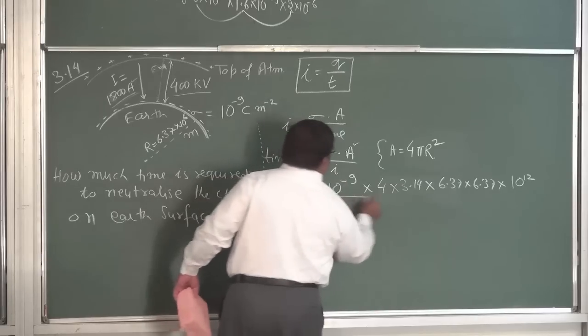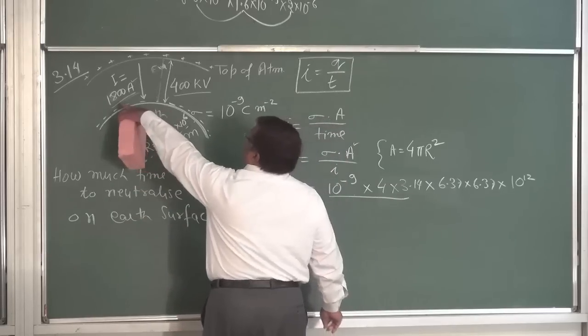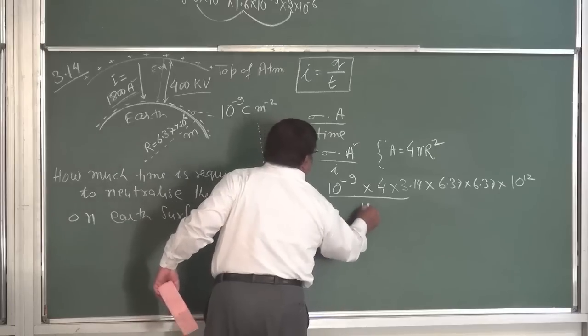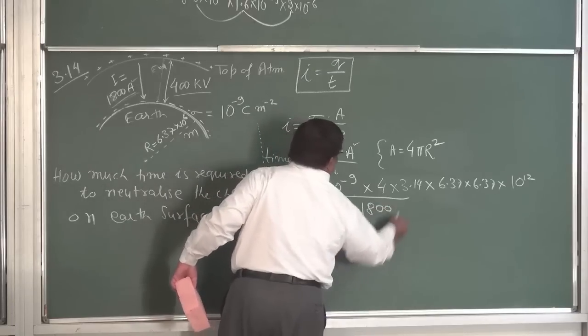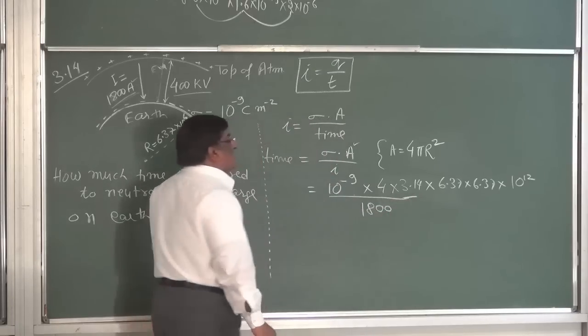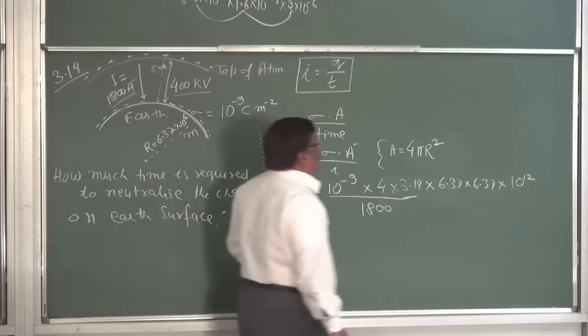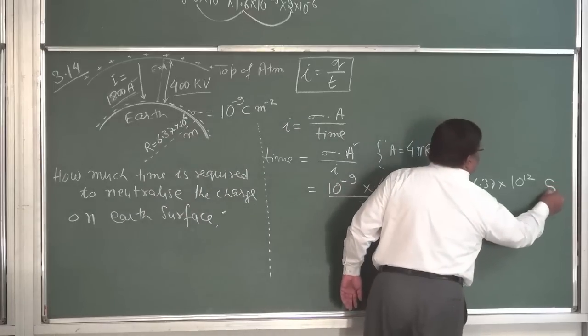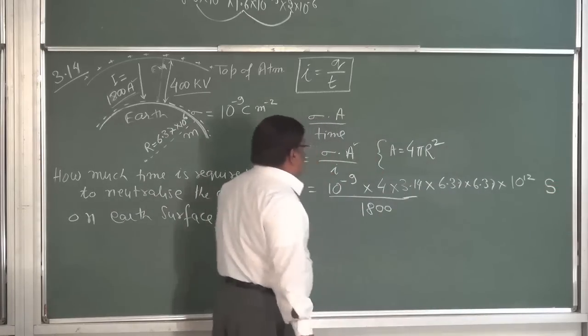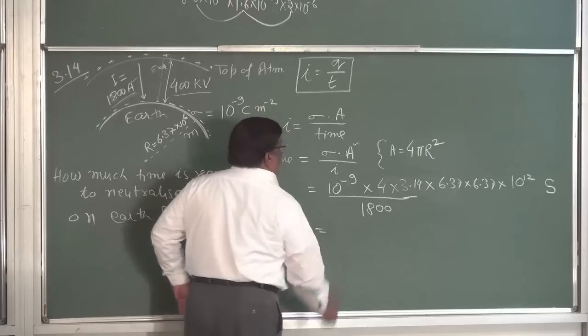by current. Current is 1800 ampere, 1800. This is also in SI system. So this gives us time, and this time will be in what unit? Second. Okay, now it's a simple multiplication.